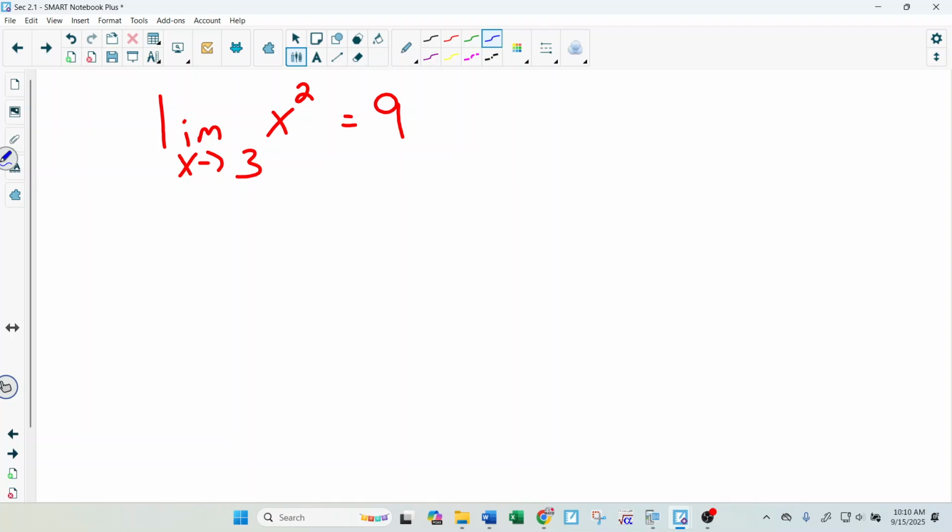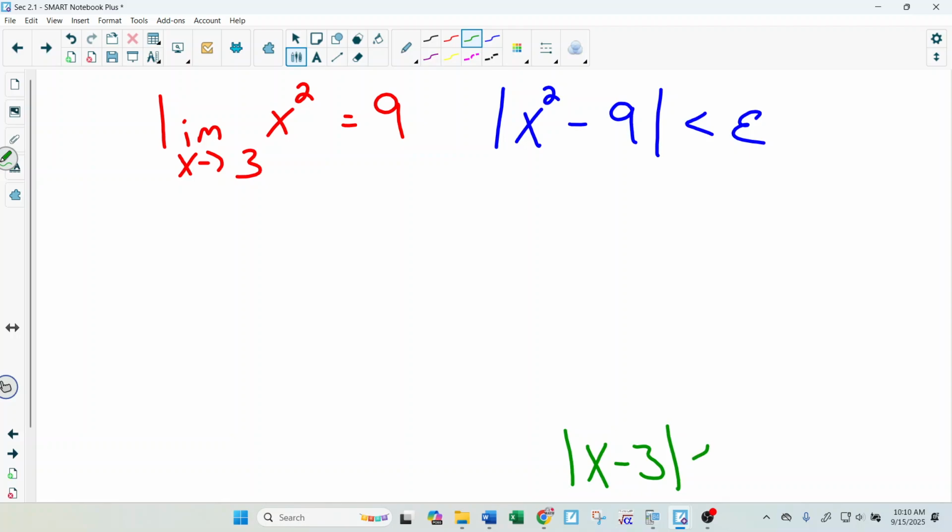So what we would do here is say absolute value of x squared minus 9 is less than epsilon. And what we're trying to get to, because x approaches 3, is x minus 3, right?